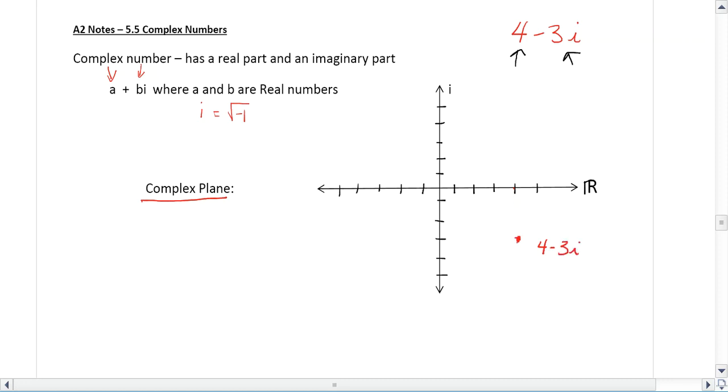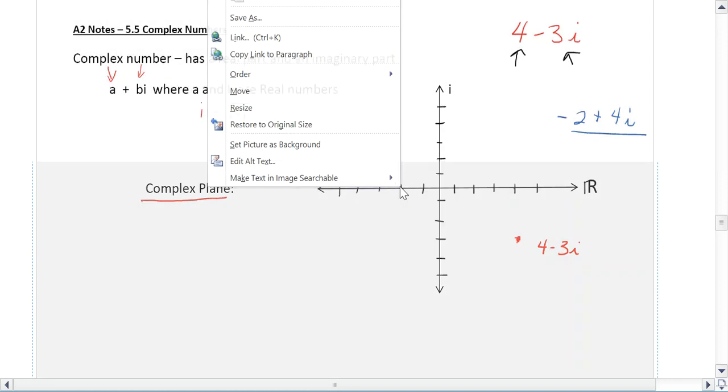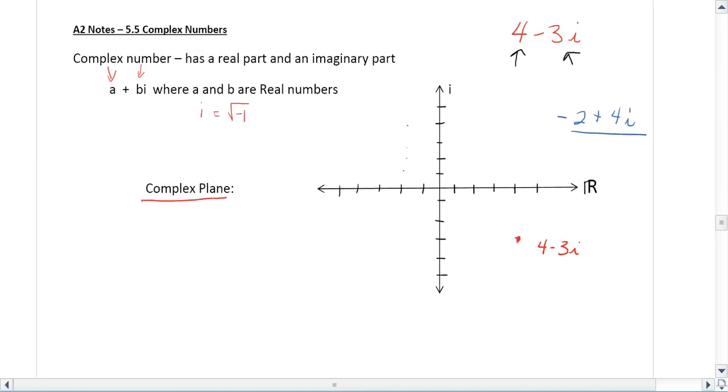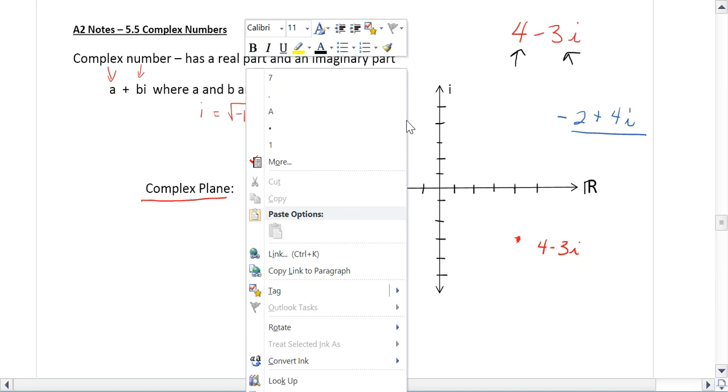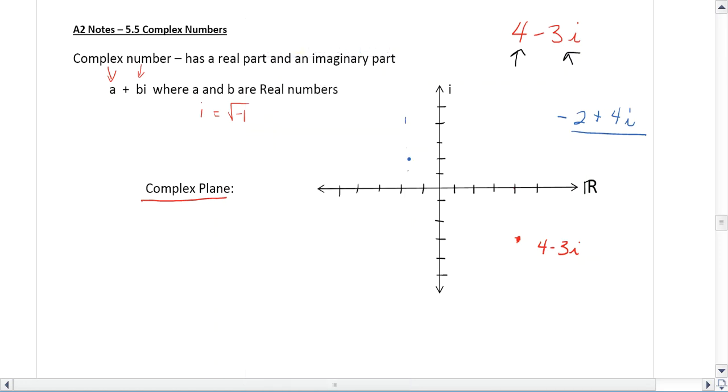So it's really similar to the xy plane, but we just have a real axis and then an imaginary axis. Another quick example, if we were asked to graph -2 plus 4i, we would go in the negative direction on the real axis 2, and we'd go up 1, 2, 3, 4, and that would graph right there. There we go, -2 plus 4i.